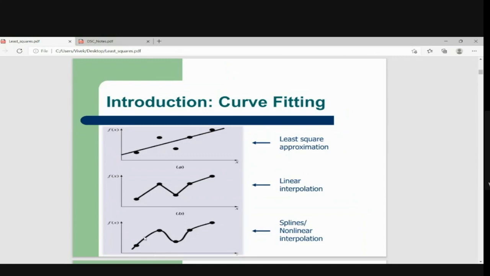Here we are considering a type of quadratic spline or a cubic spline. Two nodes are connected with some non-linear function, then another nodes, then another nodes.